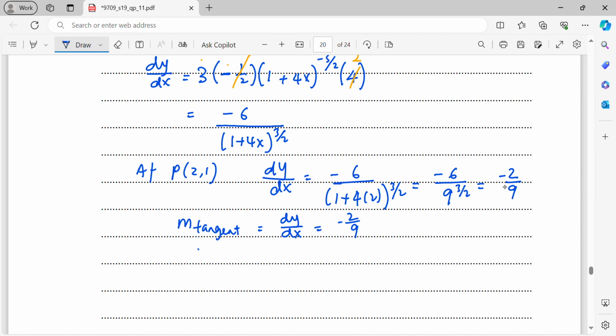So now, gradient of tangent times gradient of normal equals minus 1. So m normal equals negative 1 over negative 2 over 9. That is 9 over 2.